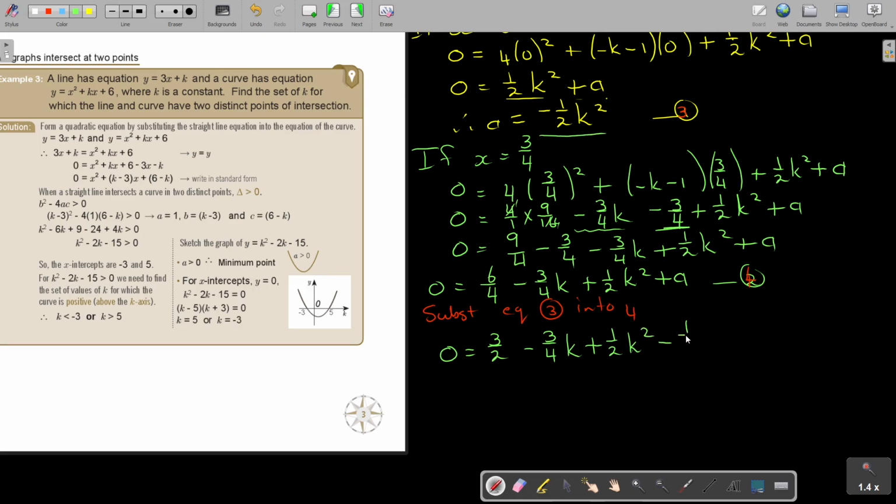Oh, and I love it when this is happening. Because what is happening? This cancels out. Oh, and now it's so much easier to simplify. So then I have 3/4 k equals 3 over 2. And if I divide, I'm using it without a calculator a little bit.